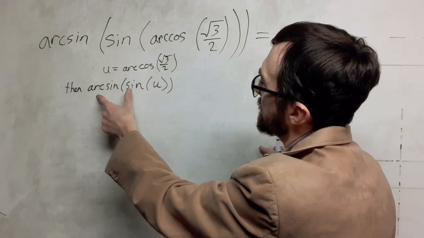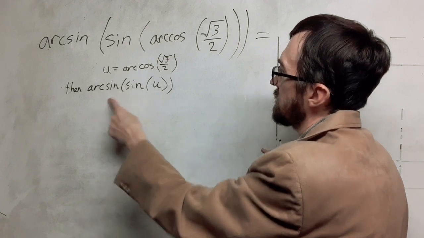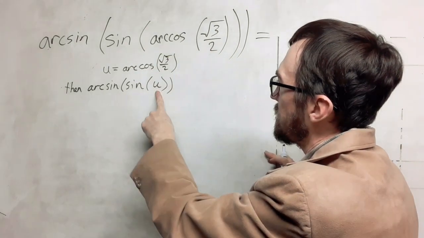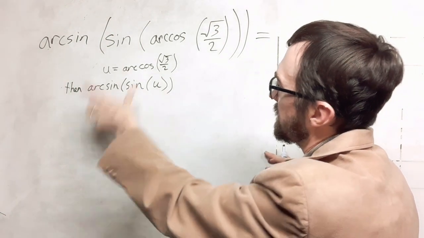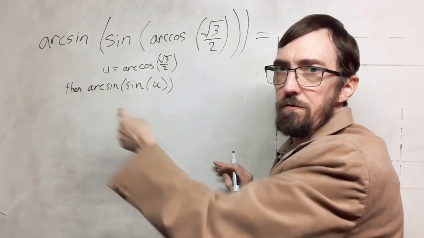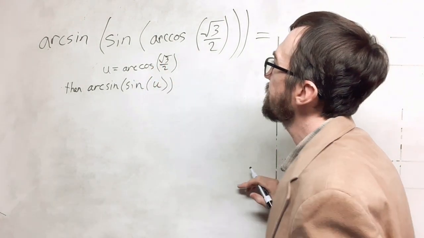And then these two are inverse operations, so they should cancel out as long as our u is properly within the domain and generates something within the domain of this. So hopefully this is defined when we find the arc cosine.